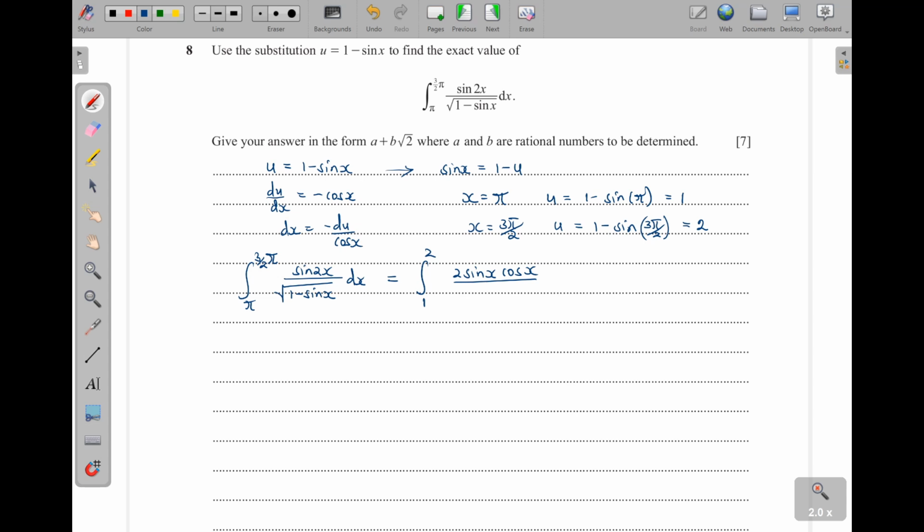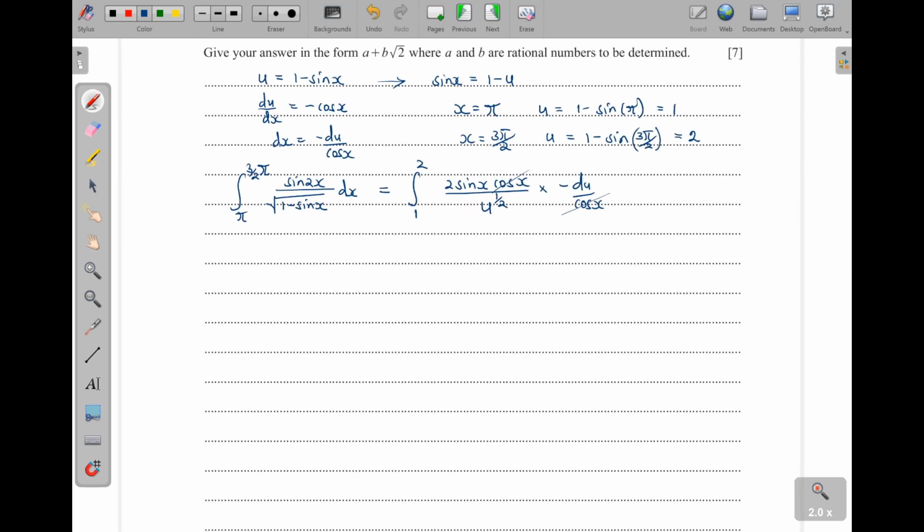Then we divide by square root, which is the same as power half. So 1 minus sine x is actually the u. That means down here I can have u power half. Then now what is our dx? Our dx is this one here. So I will say times negative du over the cosine of x.